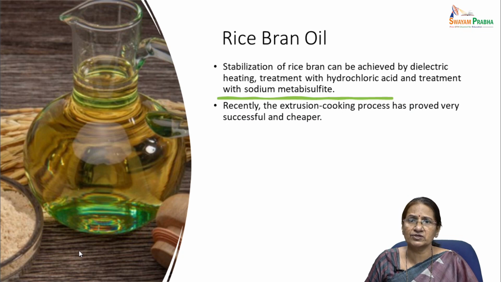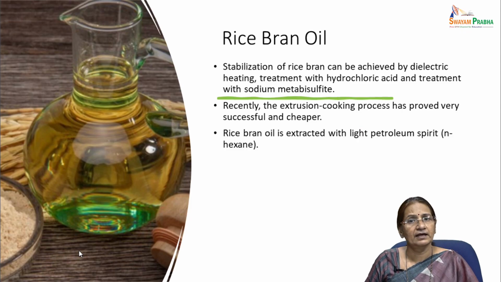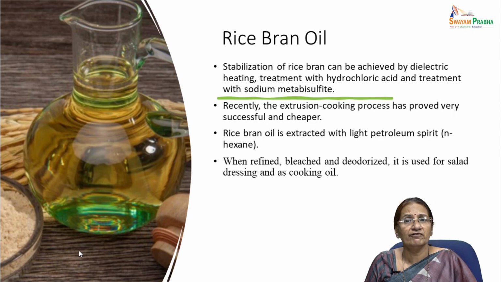Recently, the extrusion cooking process has proved very successful and cheaper. Rice bran oil is extracted with light petroleum spirit, that is n-hexane. The process is thus hazardous. When refined, bleached and deodorized, it is used for salad dressing and as cooking oil.